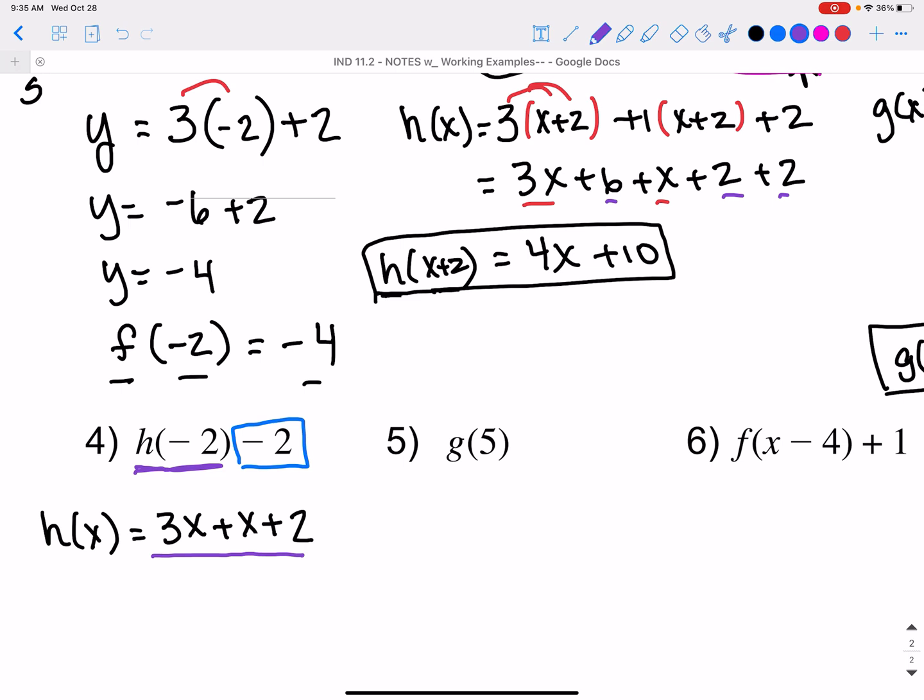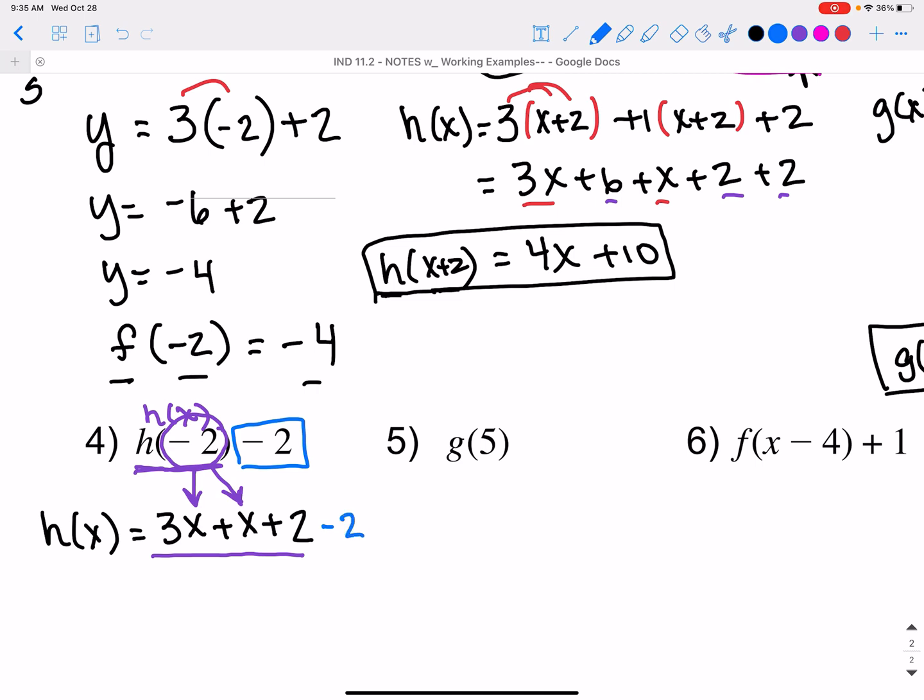So what this tells me is the ingredients right here of negative 2 get plugged in here and here, right? Because those are the two places. This is h of x, right? So that means my ingredient of negative 2 is going to get plugged in everywhere where there's an x. And then at the end, I'm going to do this minus 2. I'm going to tack that on at the end.